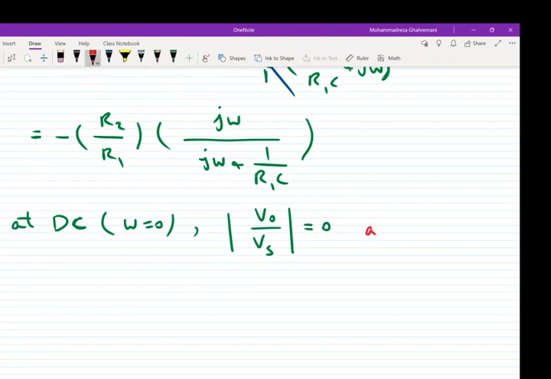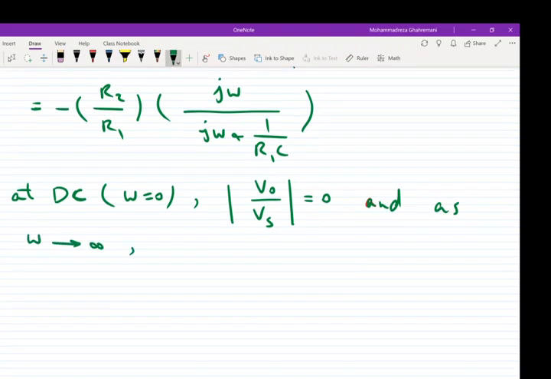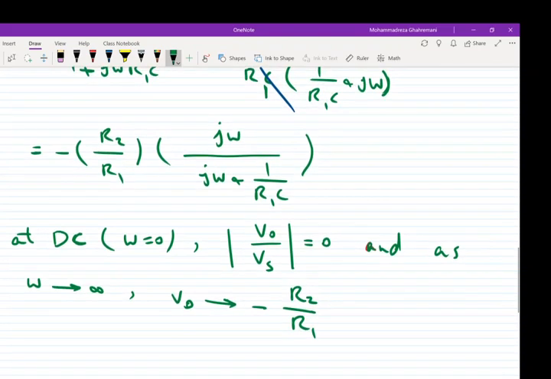And as omega goes to infinity, Vo will be equal to negative R2 over R1. How do we know this?